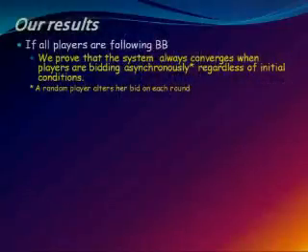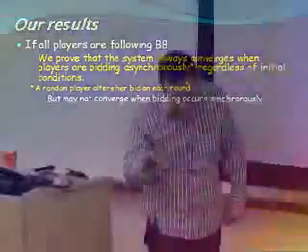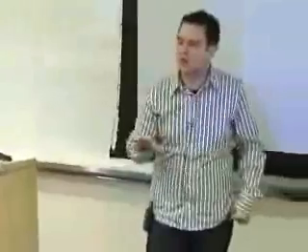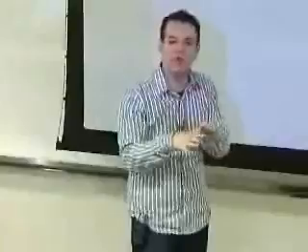And what we've managed to prove is that the players actually can get there. In fact, if they're following this timing model where not all of the players bid at the same time, then the system will always converge to that unique fixed point.